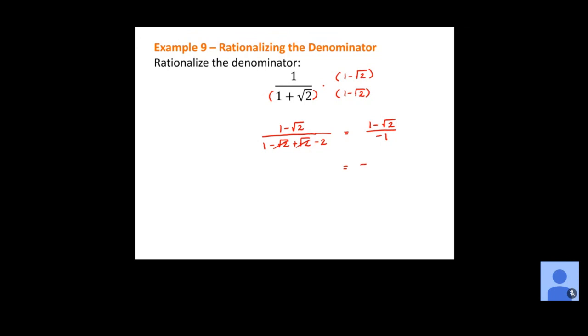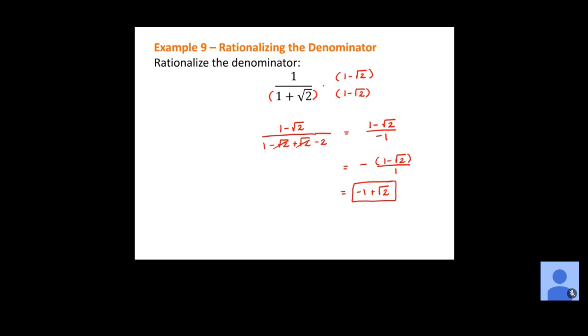So negative, and then in this case, it would be 1 minus square root of 2 over 1. Or you could just distribute that negative, or divide each term by a negative. And so we could actually simplify this to negative 1 plus the square root of 2. And that would be our final answer.